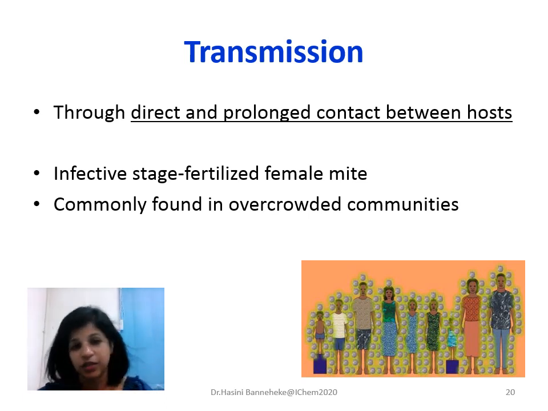The infectious stage is fertilized female mite. When there is prolonged direct contact of two hosts, an infected one and an uninfected one, the fertilized female can move from the infected one to the uninfected person, and so it can spread from one person to another.